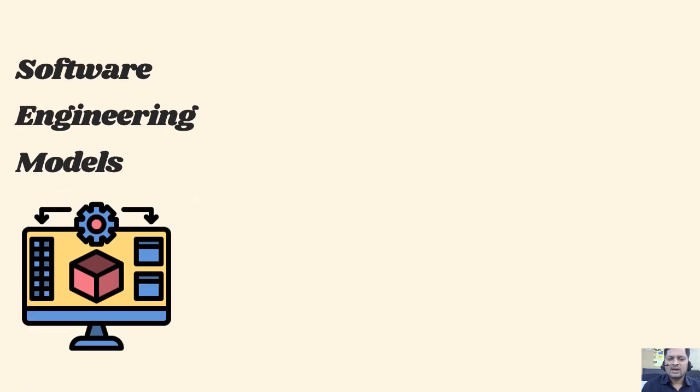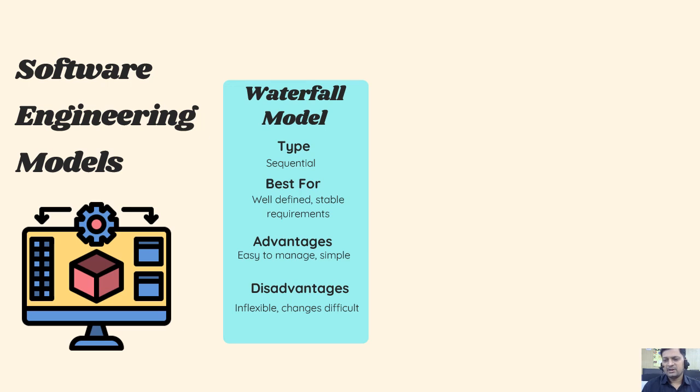So next is what are different engineering models. Models means what? How we are going to build the software, what is the view of the software. So we follow different models for that. One of the models, which is the oldest model, is the waterfall model. In this I have just mentioned what type it belongs to, what it is best suited for.